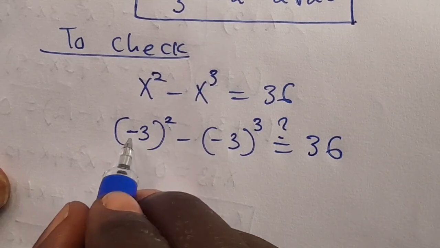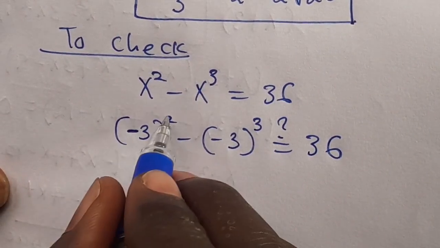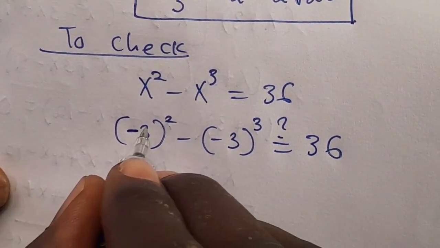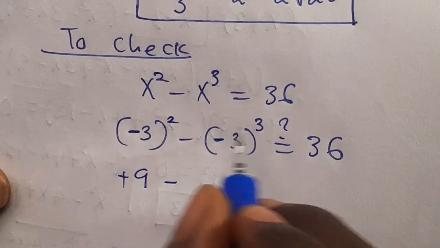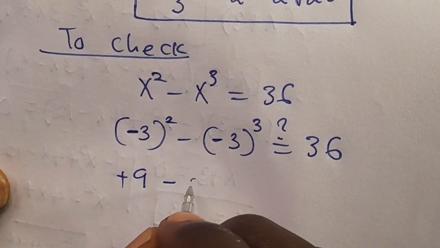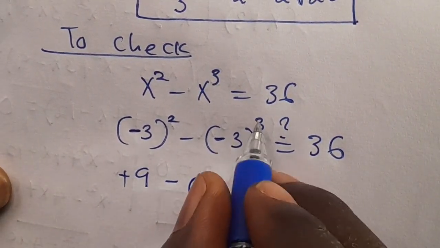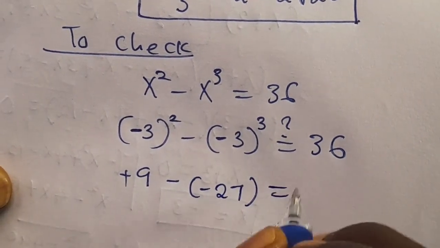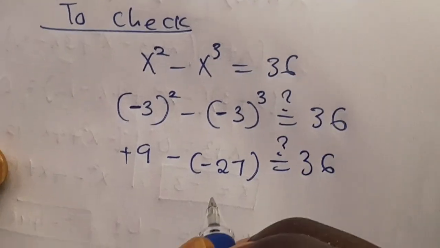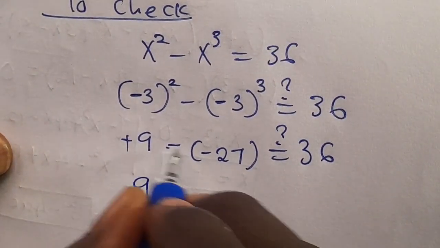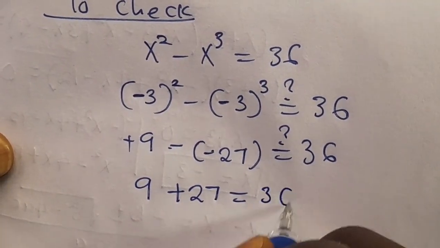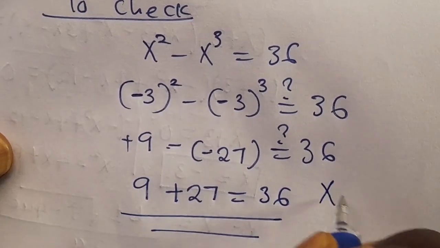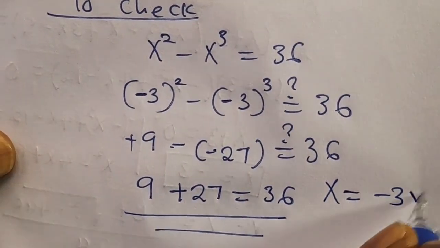From here, when you have negative to the power of even, we have it to be plus. 3 squared will give you 9 minus. When you have minus to the power of odd, we have it to be minus. 3 to the power of 3 will give us 27. Then is it going to give us 36? Now from here you have 9, minus times minus will be plus 27, which is 36. So this is true when s equals minus 3.